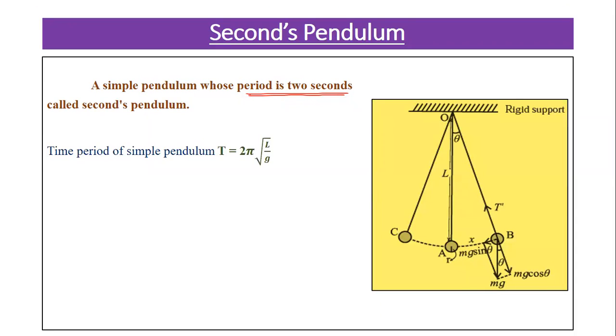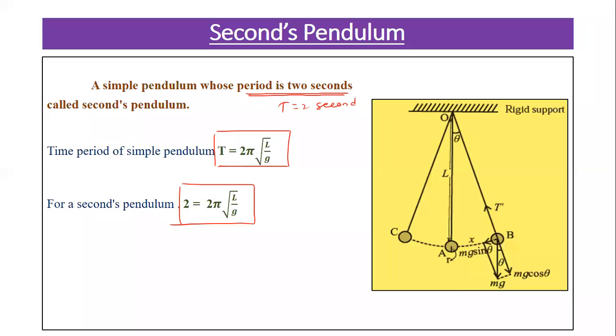Now here, you know the formula: T is equal to 2π under root L by g. This is the formula for a simple pendulum. Now if I substitute the period as 2 seconds, T is equal to 2 seconds, then what do we get? For a seconds pendulum, the period is 2 seconds. Now we get this equation, and this 2 gets cancelled.